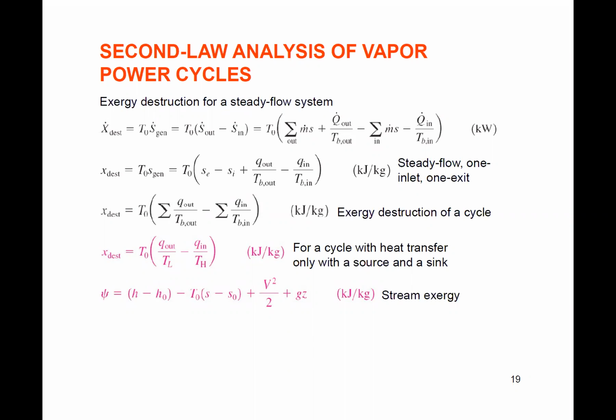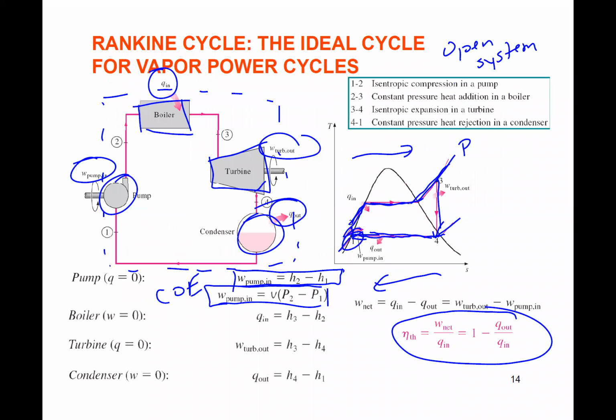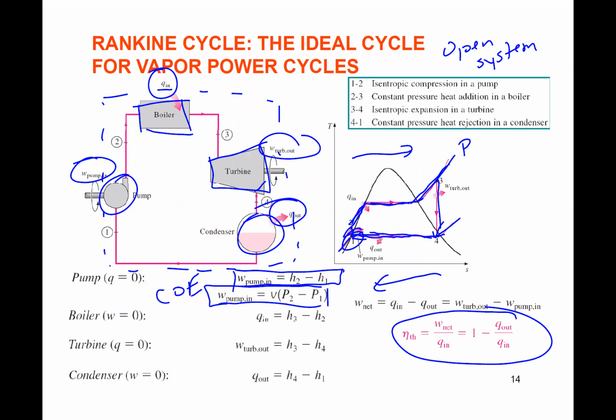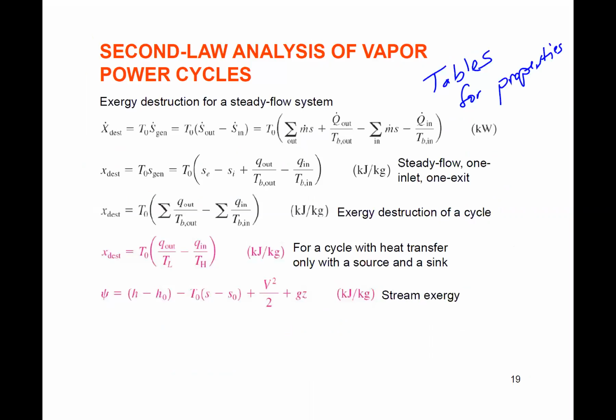The difference is in how you get your properties and your specific components, because this uses tables for properties, whereas there you had the ideal gas law and equations for the ideal gas for properties. But otherwise, they're the same equations.